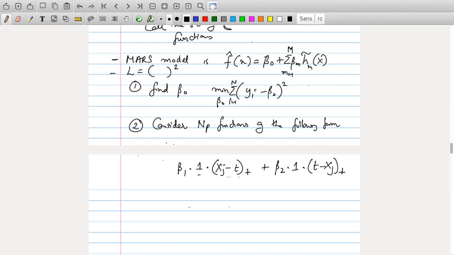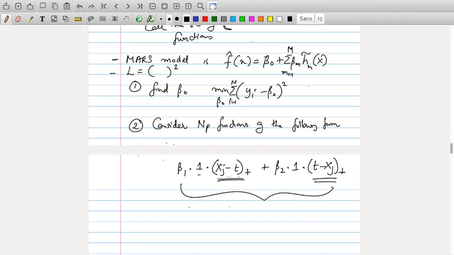So there are NP such functions, for each t. I can change t to be xij. Remember, I created NP number of such functions, so I can consider functions of this form.